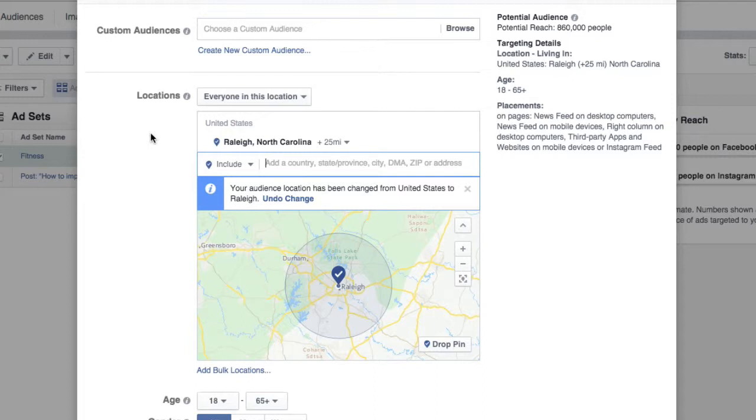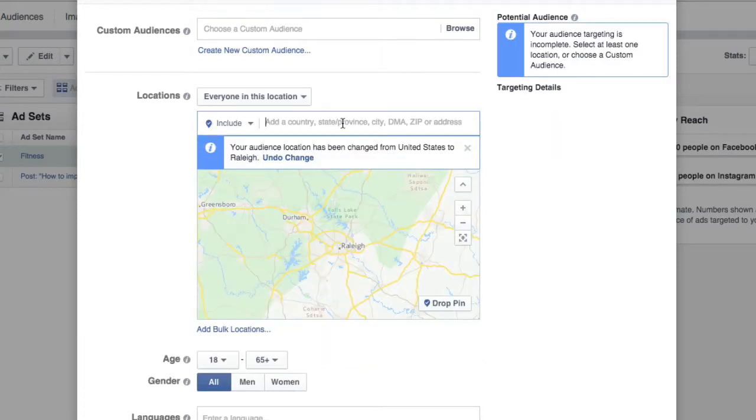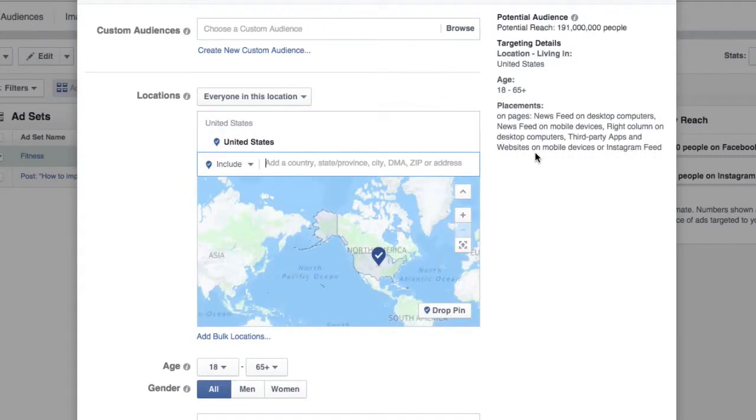You're not really wasting any spend on somebody that's outside your area that's not going to come to your restaurant when you're advertising a weekend special, or whatever that may be. So you can use locations to your advantage, but if you're doing broad, something that's not specific to the region, definitely just leave this blank or select an actual country, so instead just say United States or whatever it is that you wanted to include.